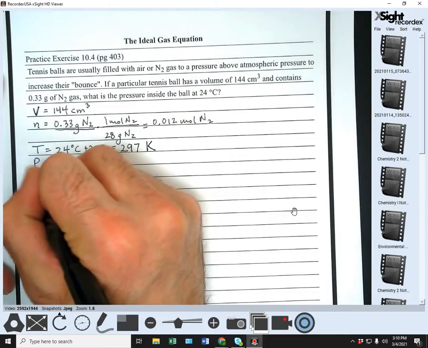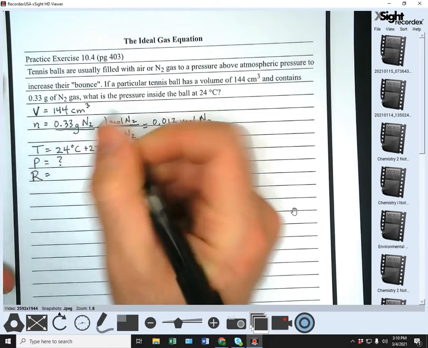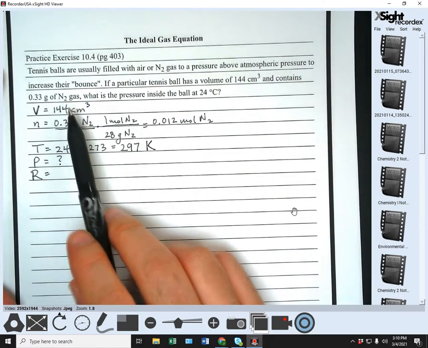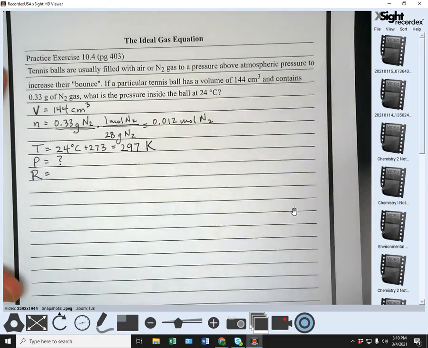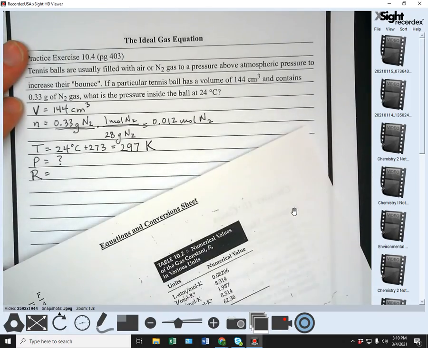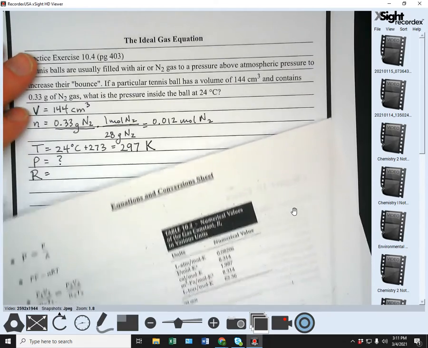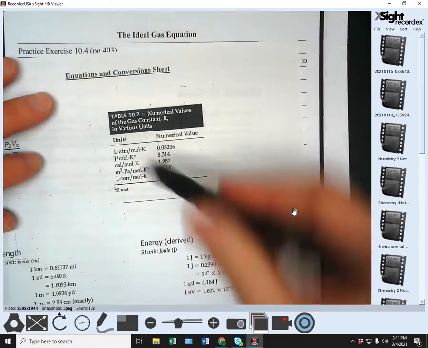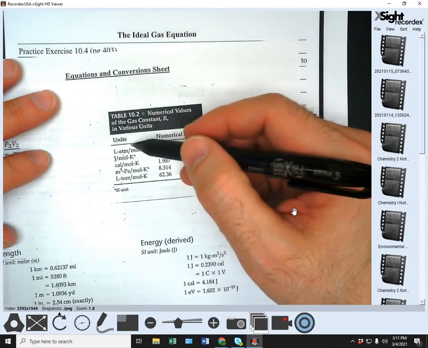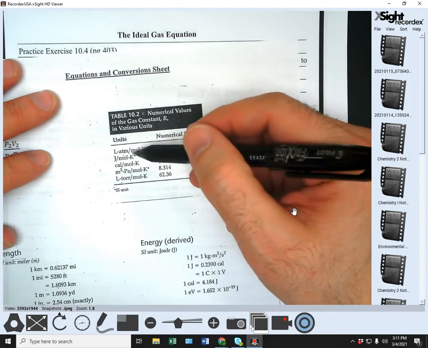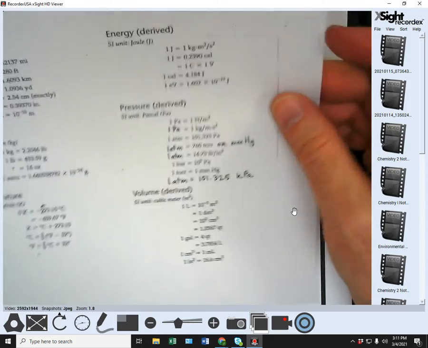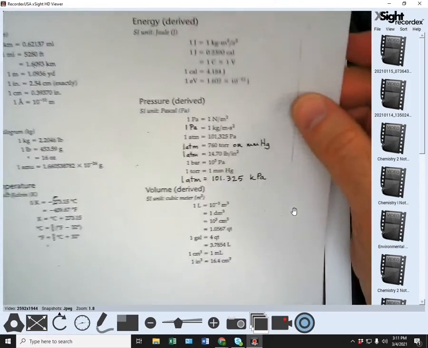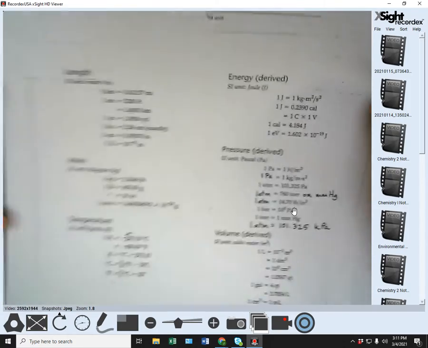We have R, the constant. We're going to use a constant that has some of this stuff in it if we can. So if we look at our R constants, we've got volume in liters, temperature in Kelvin, and moles. There is no volume in centimeters cubed, so we're going to see what we can turn centimeters cubed into.